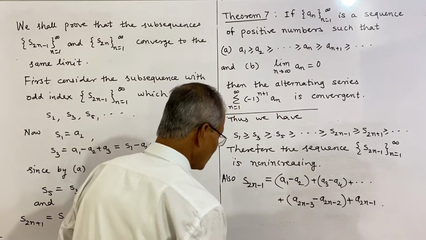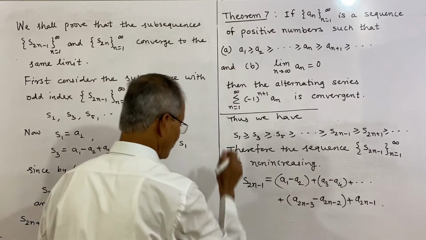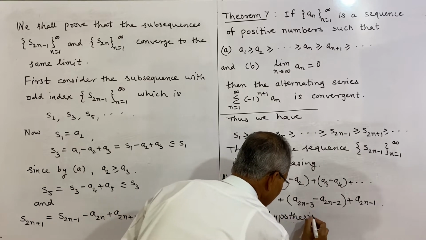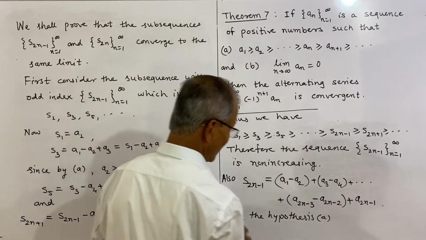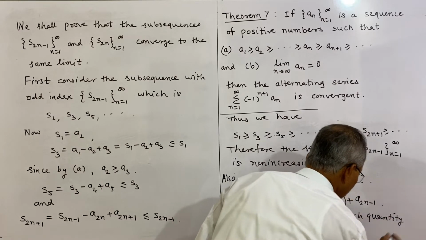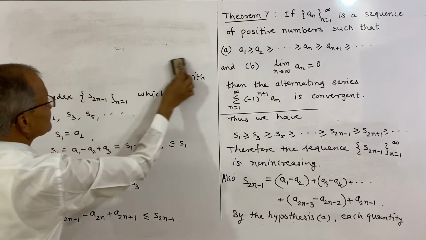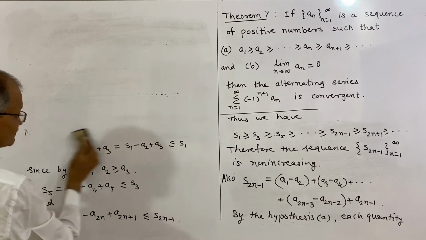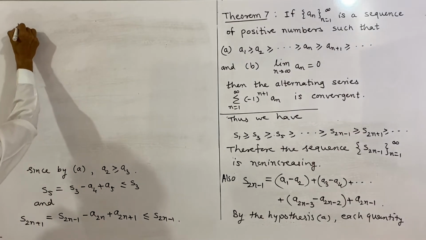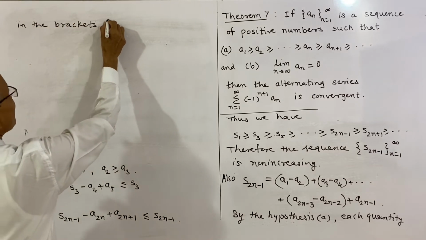So, we shall write the quantity in each bracket by condition 1, or by hypothesis 1, that is, hypothesis a, each quantity in the brackets is non-negative.